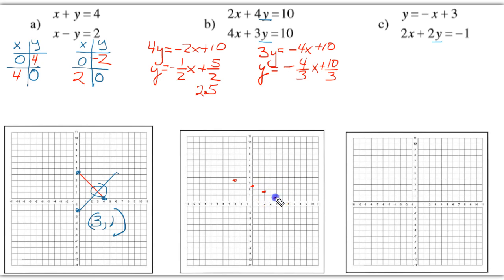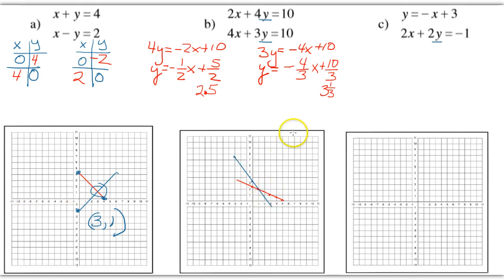I'm just getting some more points here to make my line. And again, on MyMathLab you can do it so much better. All right, I'm going to take some time to do it here instead of doing it live.